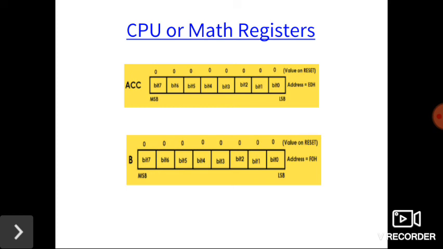Next one is the B register. The B register is used along with the accumulator in multiplication and division operations. These two operations are performed on the data that are stored only in registers A and B. During multiplication, one of the operands is stored in the B register and also the higher byte of the result.